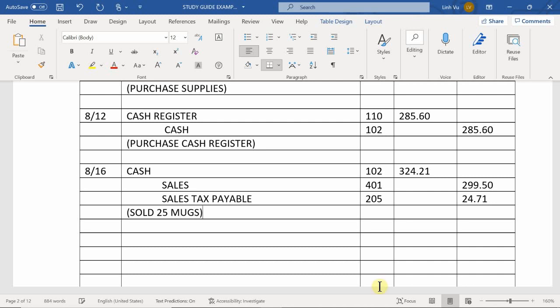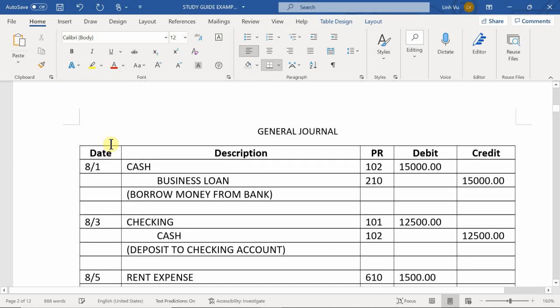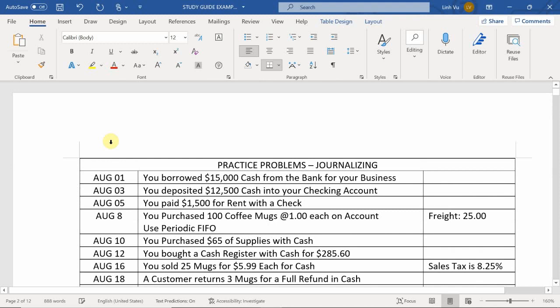Okay. That's for $5.99, no? Yeah, you can write that too. 25. Are you sure that that is right or not? I think I got it 50, not 25. No, it is wrong. We sold 50.